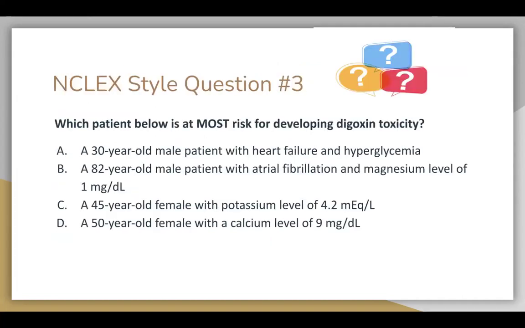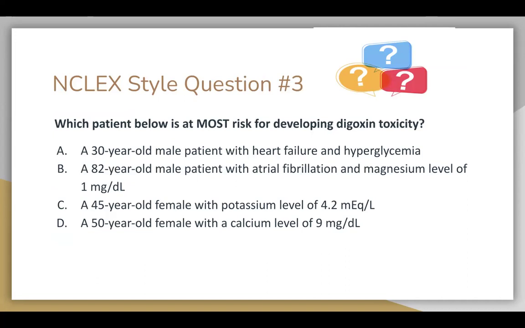So the third NCLEX style question is, which patient below is at most risk for developing digoxin toxicity? A, a 30-year-old male patient with heart failure and hyperglycemia. B, an 82-year-old male patient with atrial fibrillation and a magnesium level of 1.